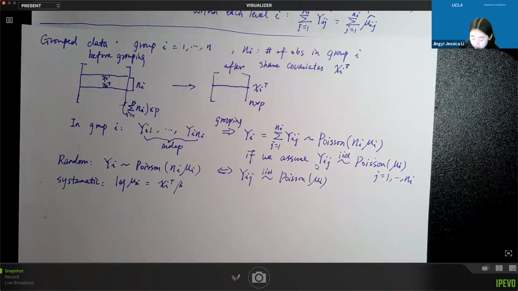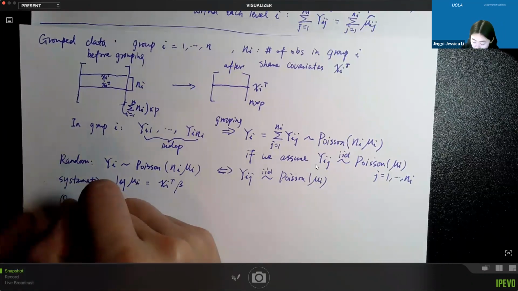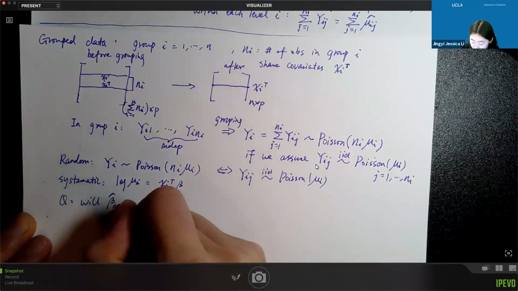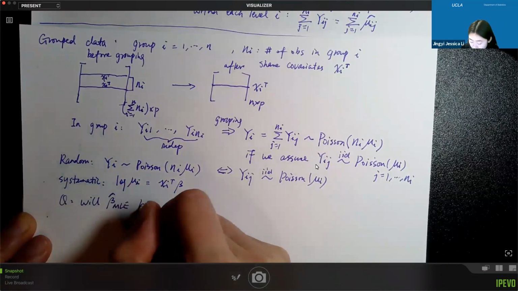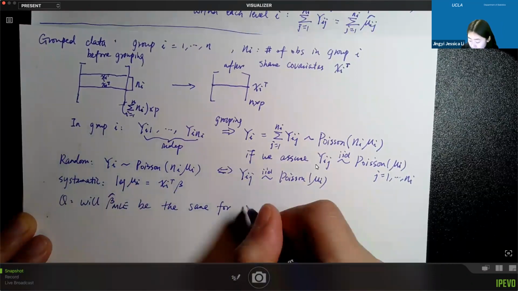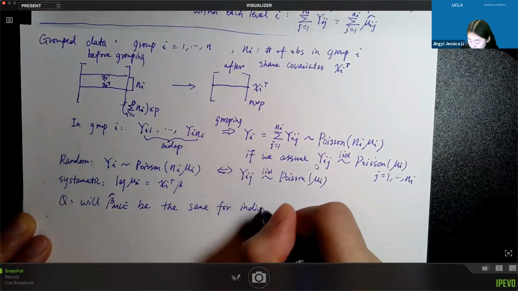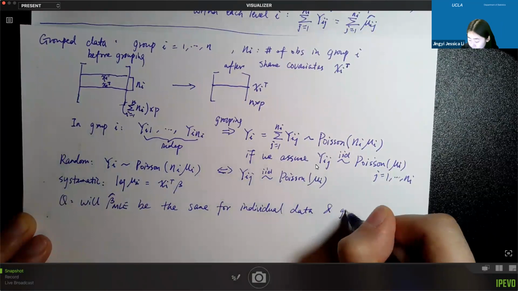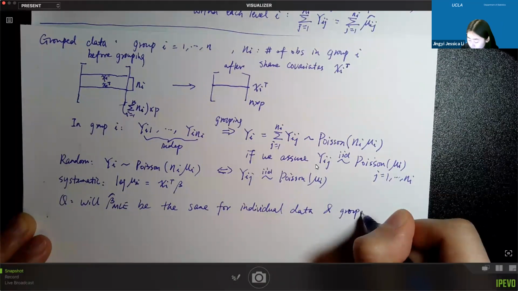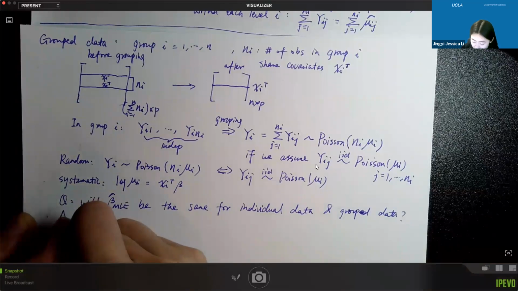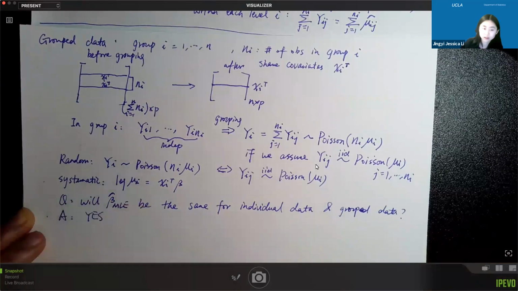Actually, the answer is yes. Will beta hat MLE be the same for individual data and group data? The answer is yes, and here we're going to see that.